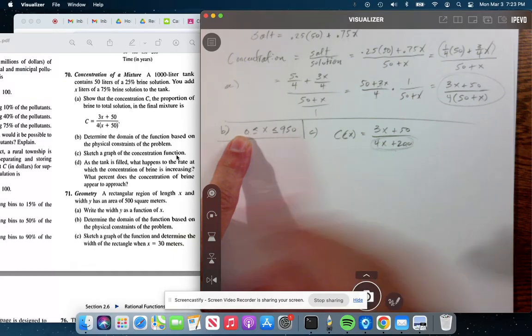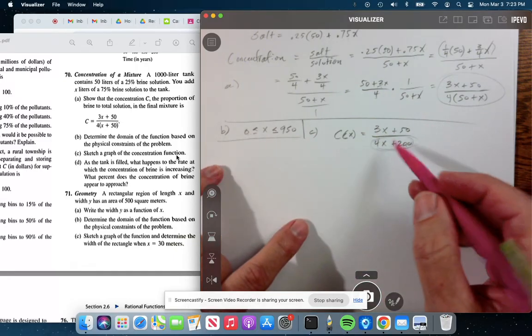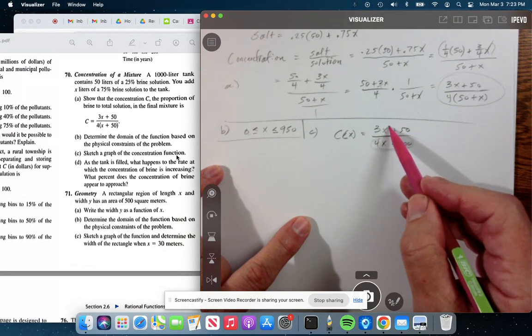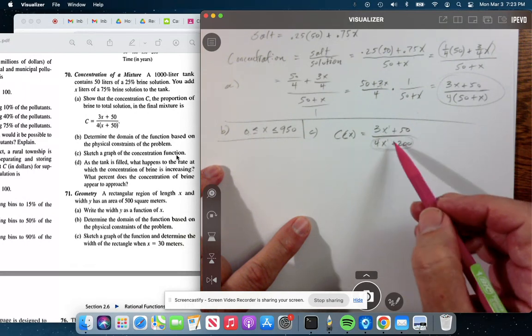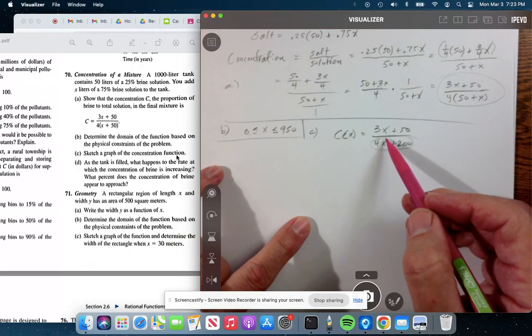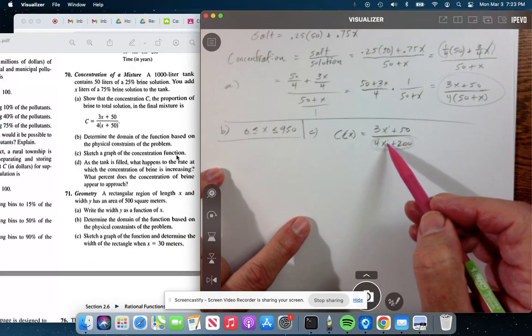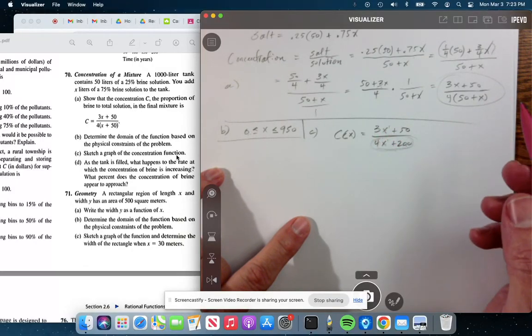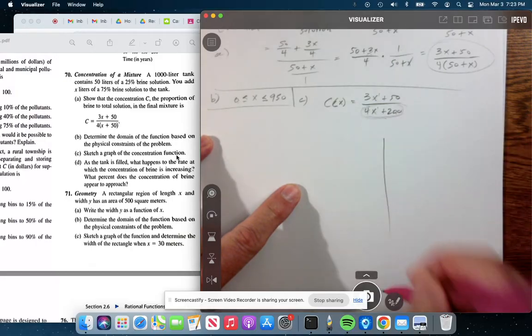I do know there is a horizontal asymptote, though, because this is x to the 1 and this is x to the 1. And remember, when these are the same, then the horizontal asymptote is just the ratio of these lead coefficients, so 3/4.